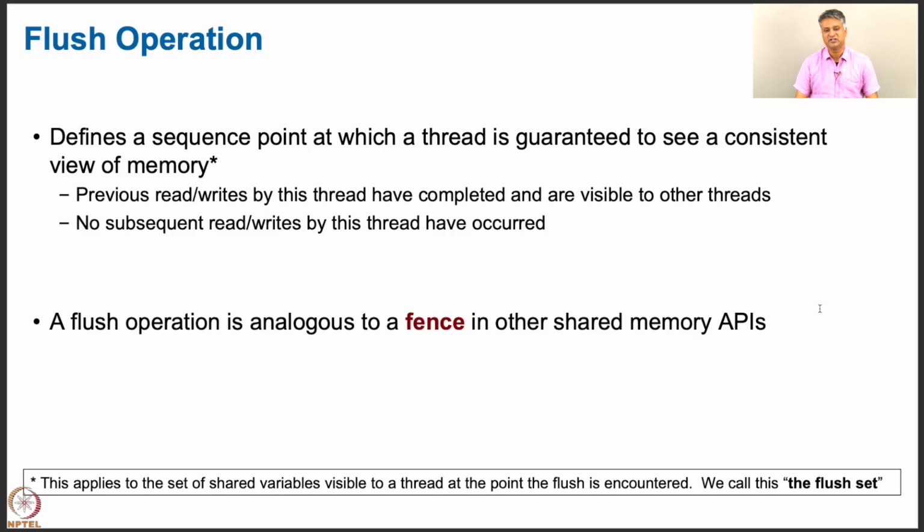Okay, so this essentially applies to a set of shared variables visible to a thread where the flush is being encountered. At this point, all the previous reads and writes by this thread have been completed and are visible to other threads. And no subsequent reads or writes by this thread have yet taken place. A flush operation is similar to a fence in any other shared memory APIs.